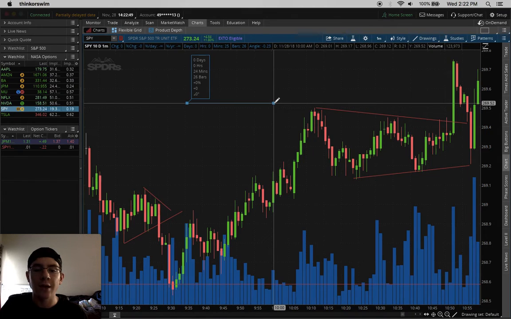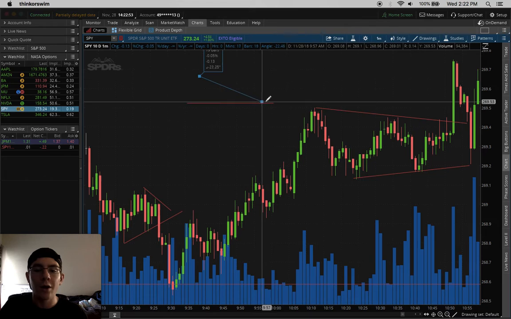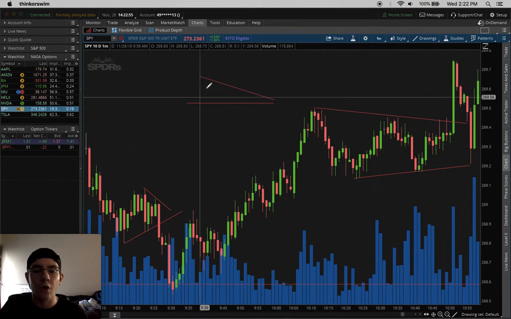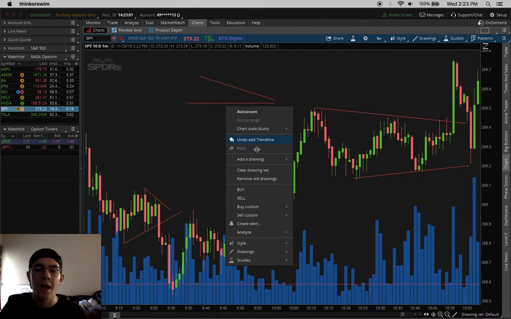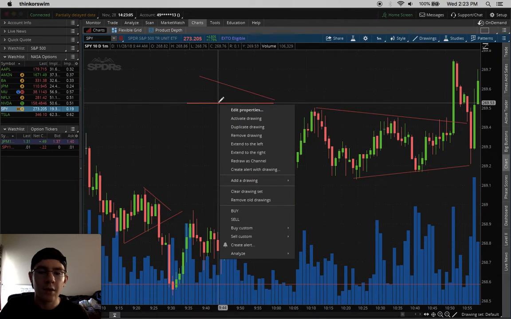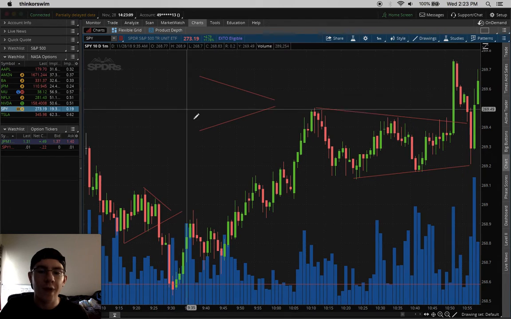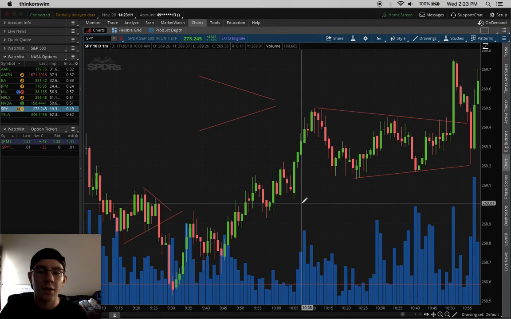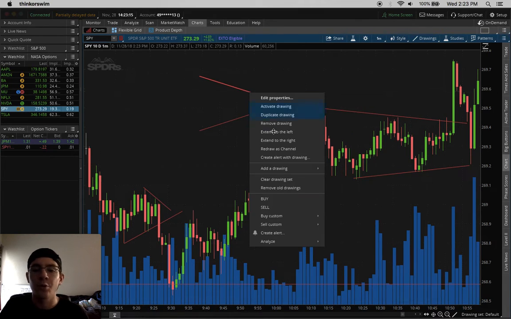Your second type is where you're pressing down against a support while the highs are getting lower, and you're consolidating in between this tight range. You enter here for a put and then let it run to the downside. Your third one is what is known as a symmetrical triangle, where it's coming from either down, consolidating, and then moving back down to the downside, or coming up and consolidating in between the price points.